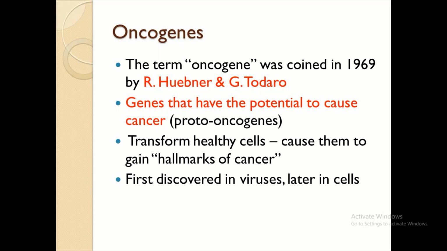They can transform healthy cells, causing them to gain the hallmarks of cancer, which we will discuss in a later part of this video. Oncogenes were first discovered in viruses, later in cells. These viruses inject these genes into human cells, where they stay in the human genome later.